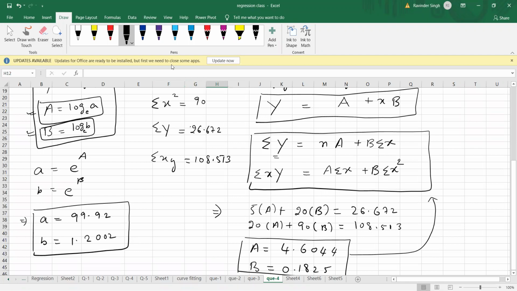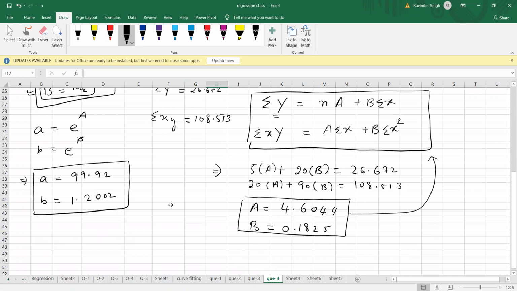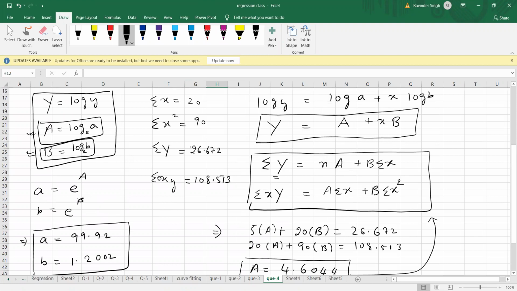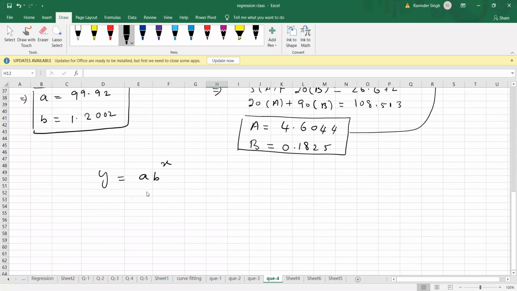All right. Now you have got the value of a and b. Substitute in the given curve. So y was given a b power of x, a b power of x only. Substitute now. So given curve is 99.92 into 1.2002 power x.